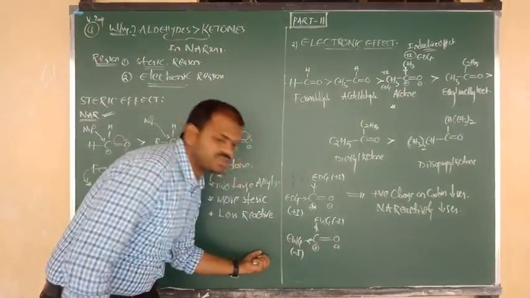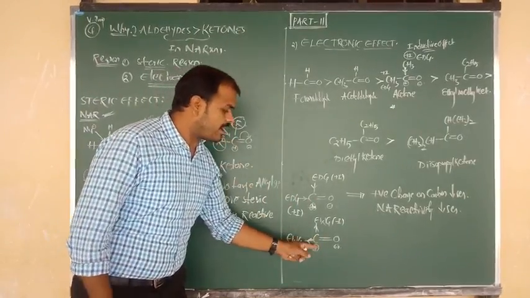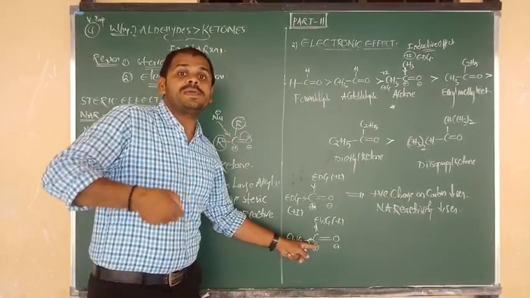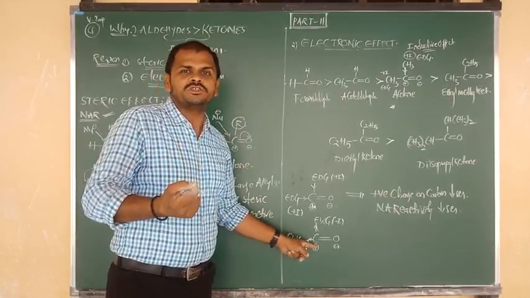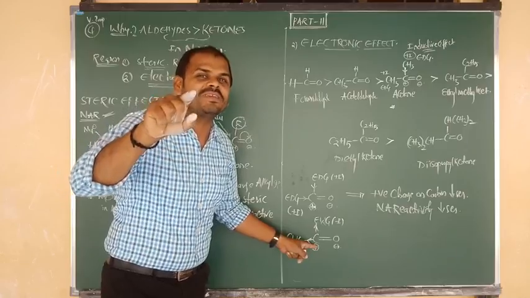So in presence of electron withdrawing group, central carbon nature is donating nature. It bears more positive charge. More positive means attacked by negative, that means nucleophile.